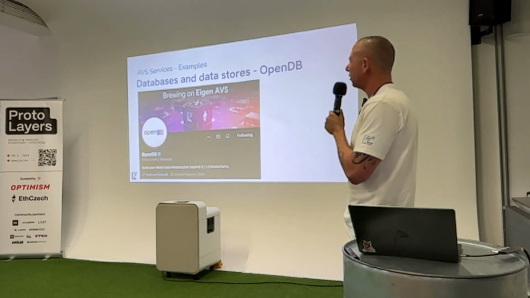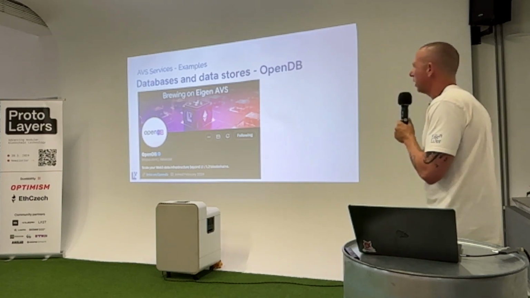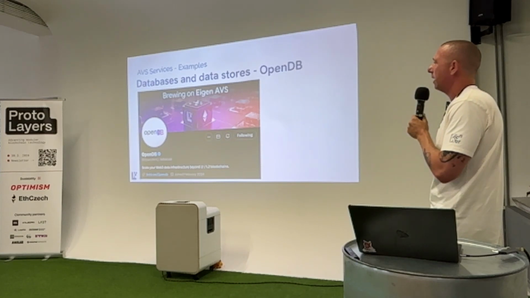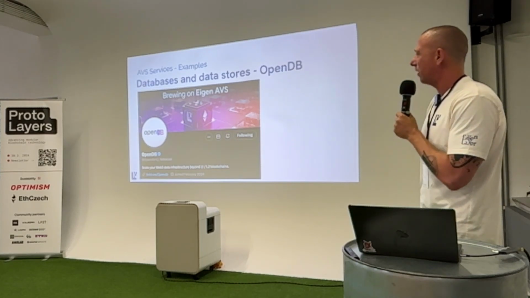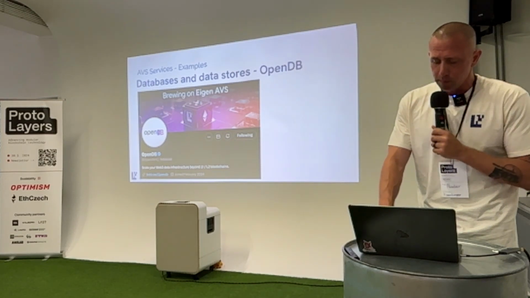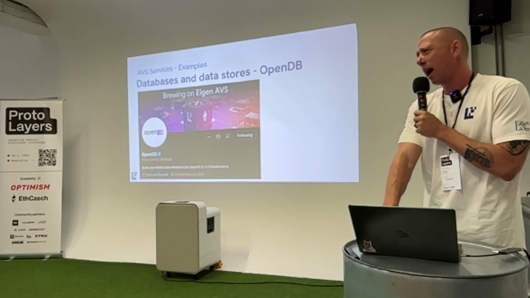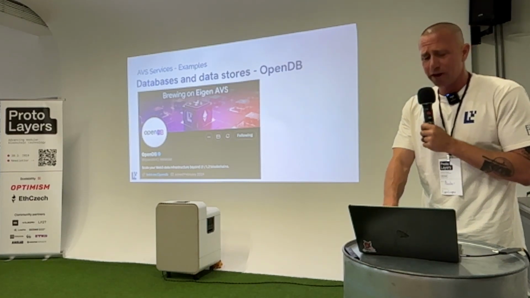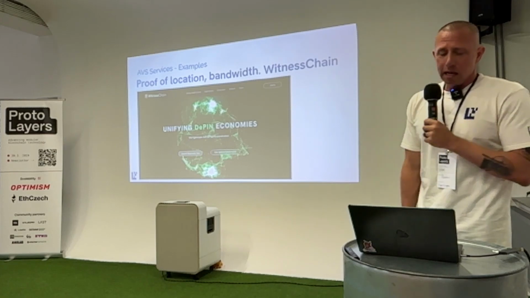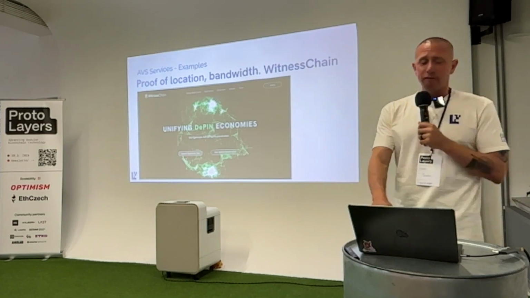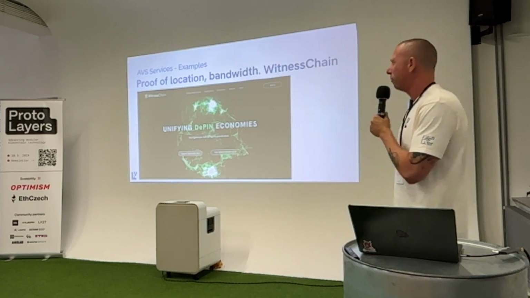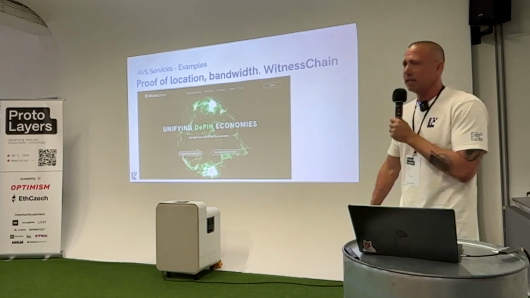This isn't an indexer, it's more like a true database. So you can store and read and query data, and all of the data is verifiable. And I believe they're also working on an archive node service for verifiable data there as well. Another one is Witness Chain, proof of location, proof of bandwidth. They also have proof of one other thing. I forgot what it is, but it's like a DePIN.